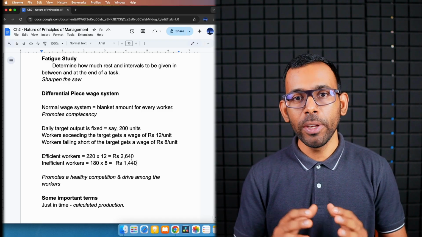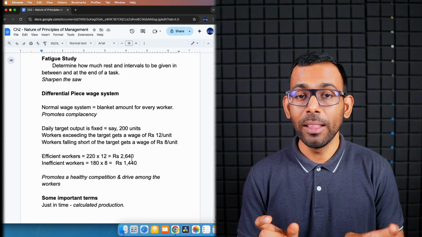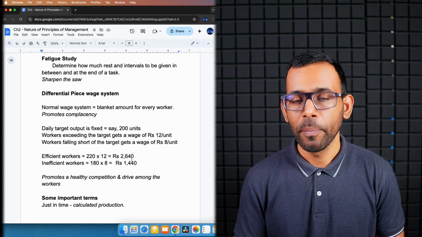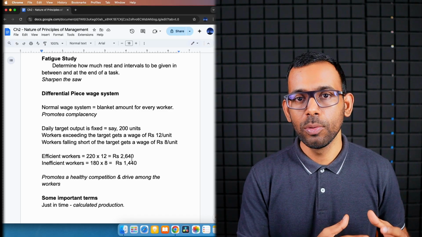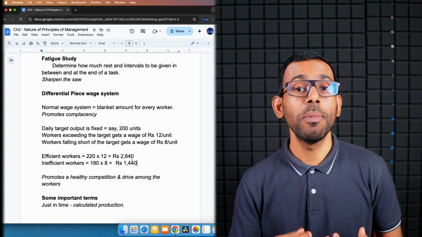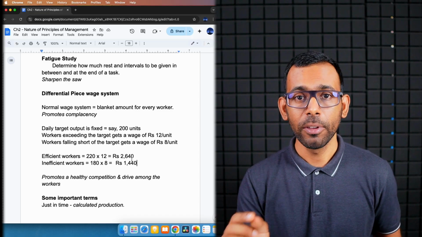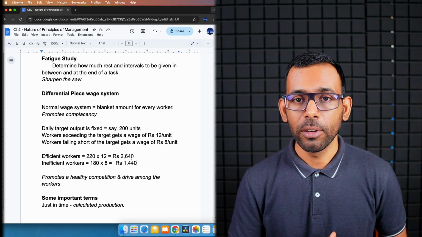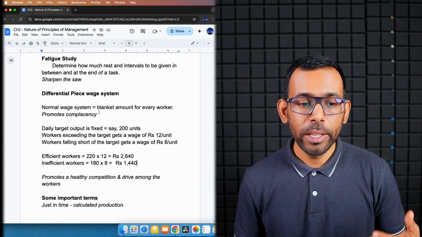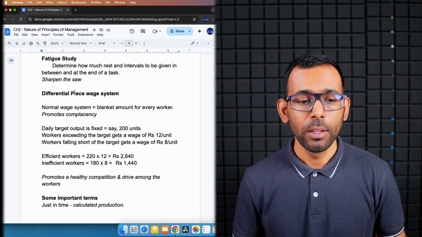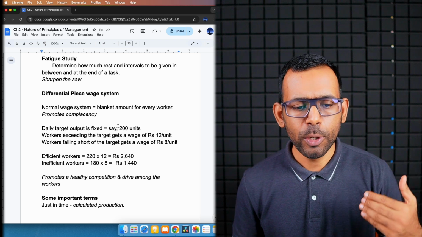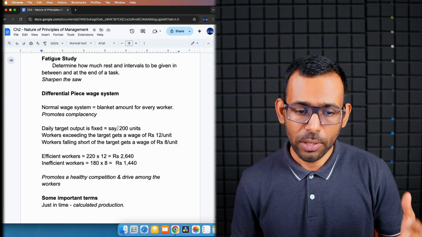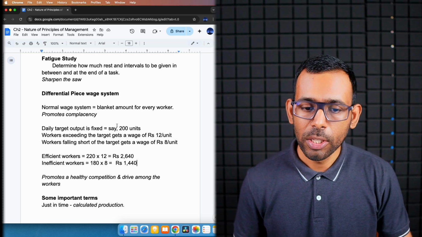So every worker starts to have a healthy competition with each other, and if every worker starts to maximize their output, then imagine the cumulative effect on the entire factory level. That's what Taylor believed, and he also proved this fact using the differential piece wage system. The outputs have phenomenally increased in whichever factory this concept was applied.